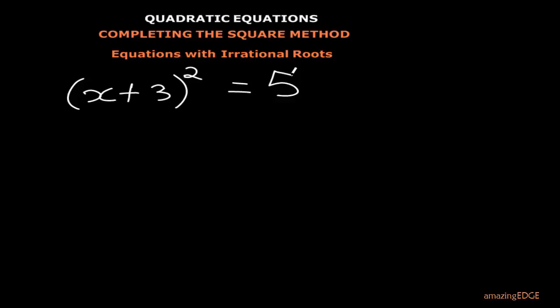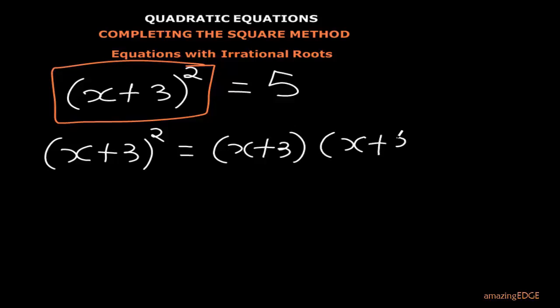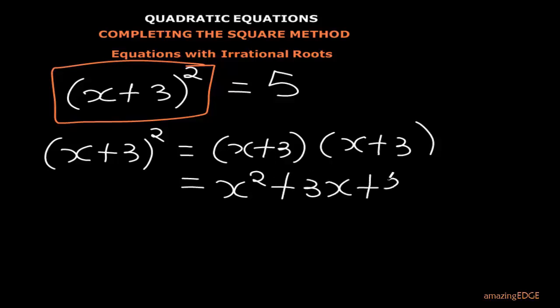If I work on this side now, you will see that (x + 3) squared is the same thing as (x + 3) times (x + 3). If you open up, x times x is x squared, x times 3 is 3x, 3 times x is 3x, 3 times 3 is 9.